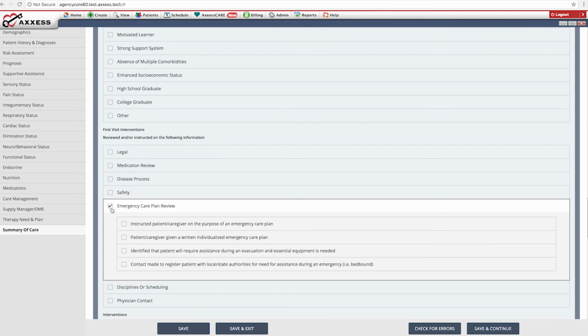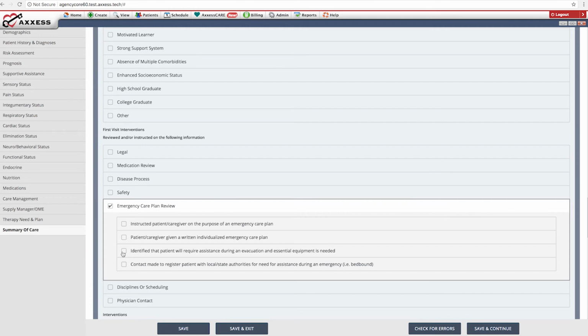The emergency care plan review: you must document that the patient was given an individualized emergency plan of care. And then there are 2 items here that, based upon your agency policies and procedures, you need to look at. One of them is that you identified that the patient will require assistance during an evacuation, and any essential equipment that is needed.